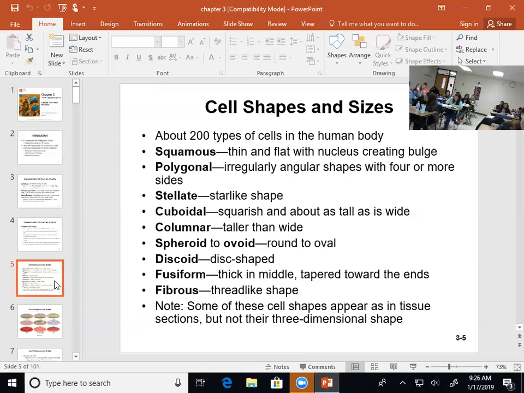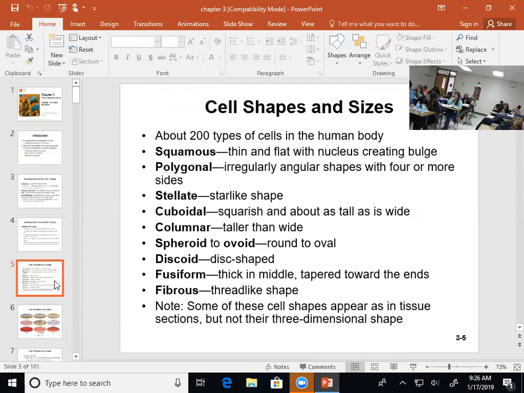Squamous, or squamous, both are accepted pronunciations, but squamous cells are thin, flat, kind of irregular. They're really amorphous. And when you talk about morphology, that's the study of shape. Something being amorphous, a or an in front of the word means what? Without, right? So amorphous means that they really don't have too much of a shape.